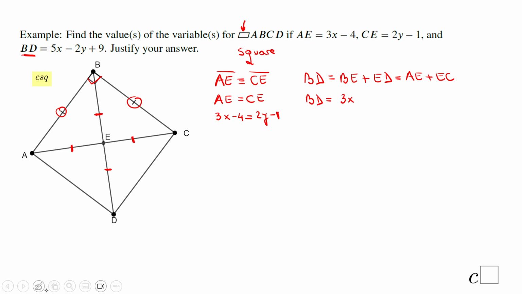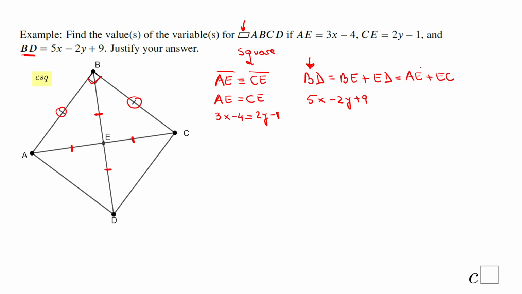I'm sorry, let's do it this way. Let's replace BD with the expression we have been given, which is 5x minus 2y plus 9. So this is how much BD is.